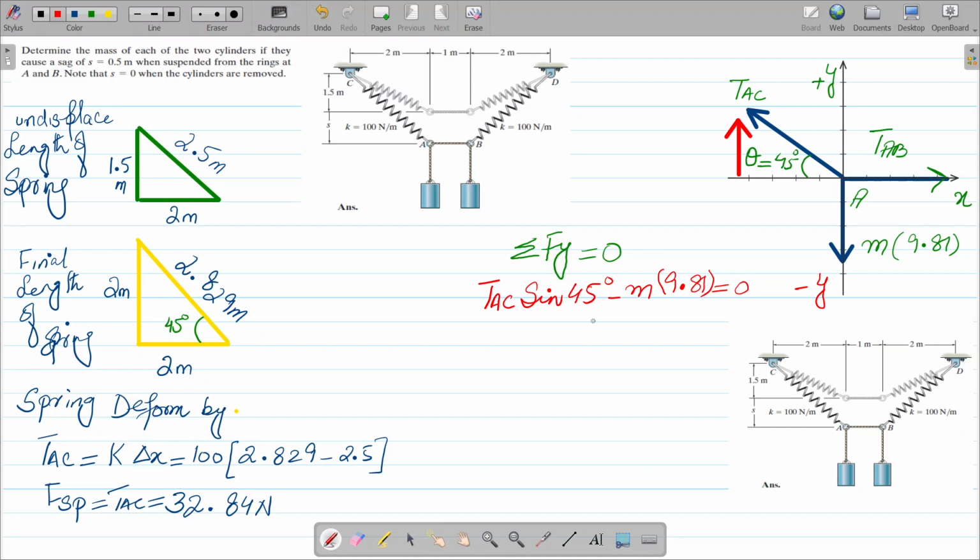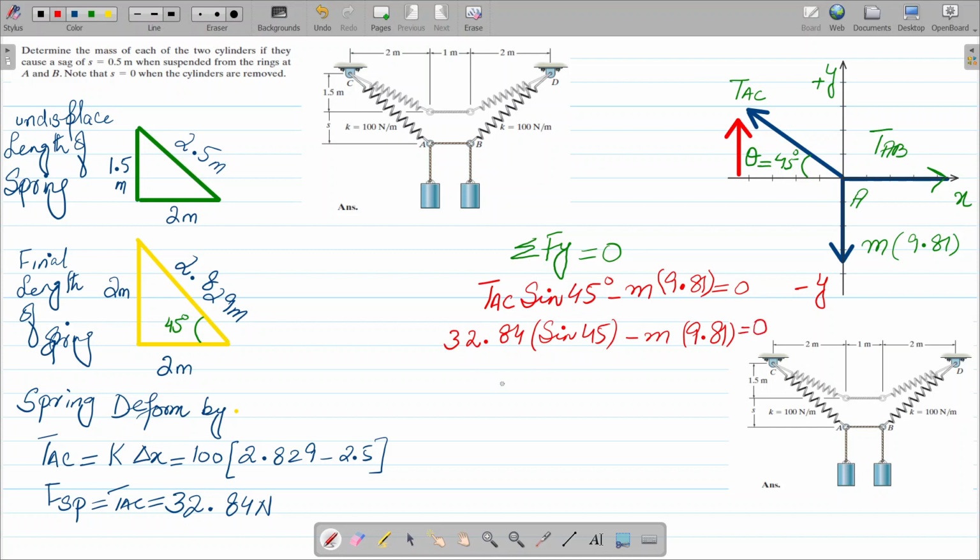Once this is done, we have the equation. We know what T_AC is: 32.84 into sine 45, which is 0.707, minus m into 9.81 is equal to 0.